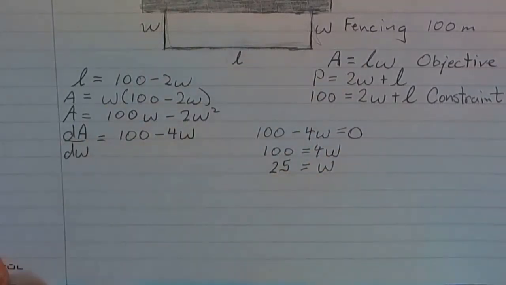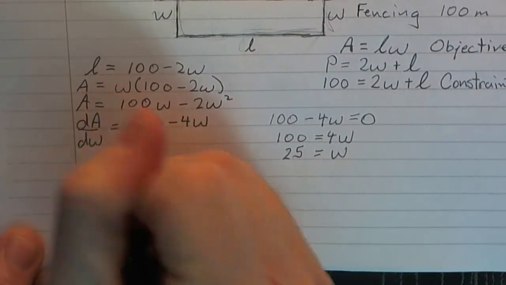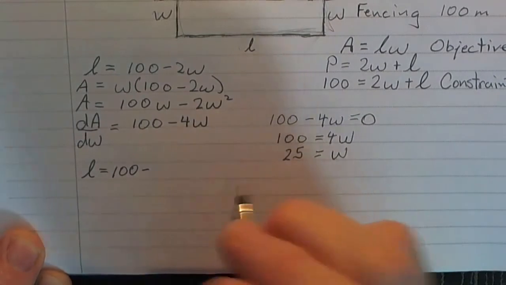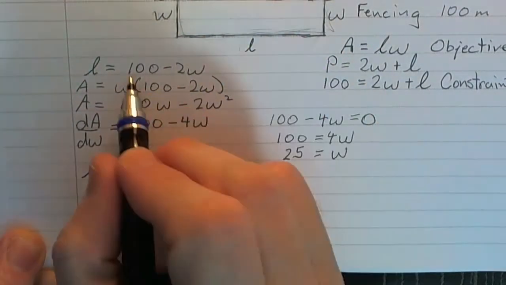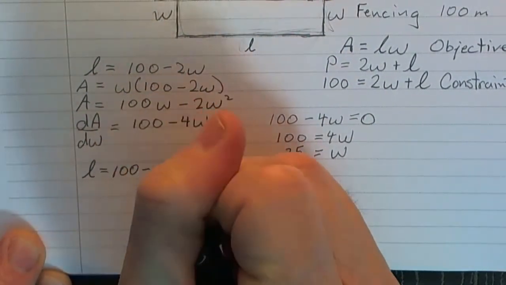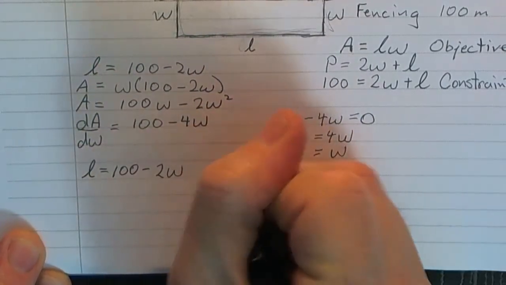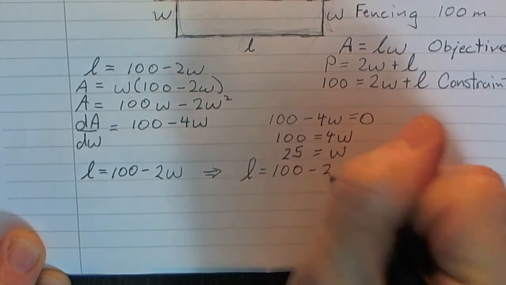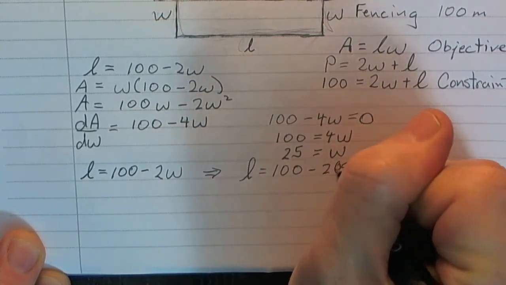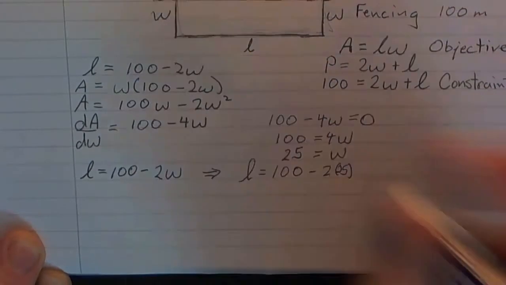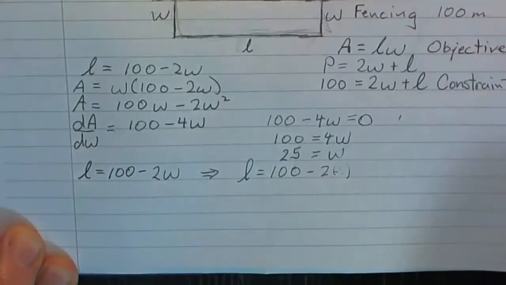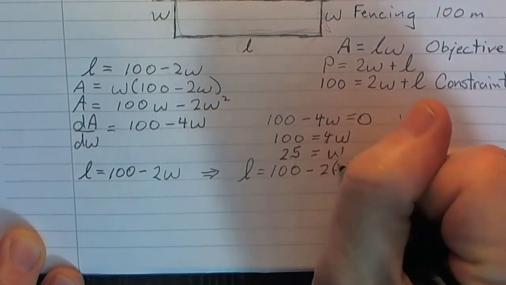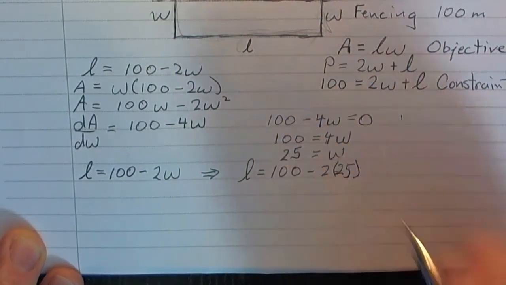Then let's find out what L is, because L, remember, is 100 minus 2W. See, right here, 100 minus 2W. So that means that L is equal to 100 minus 2 times 25. 2 times 25. You see what? I need a big eraser, right? Make a lot of mistakes.